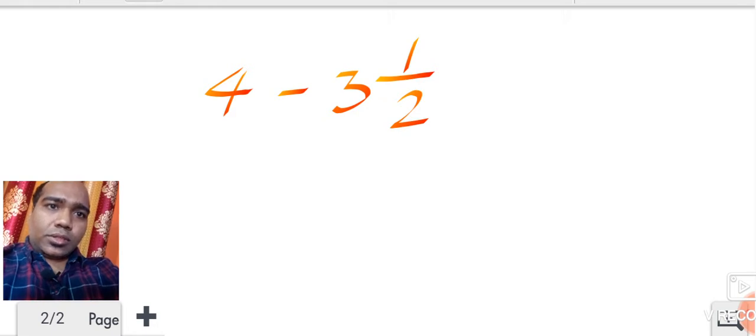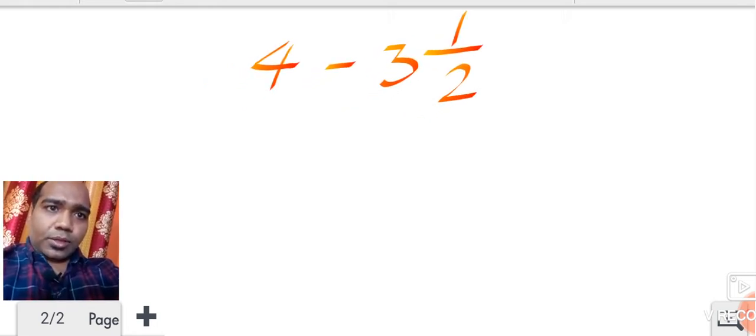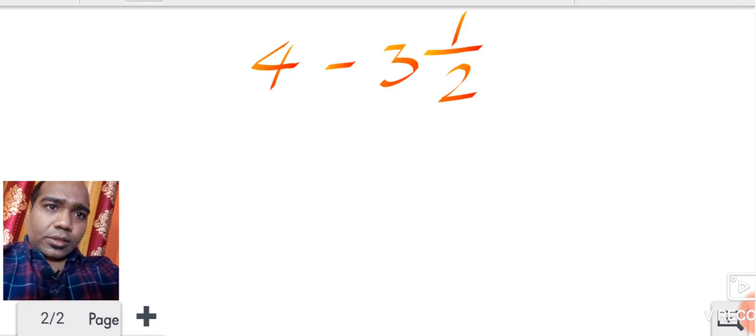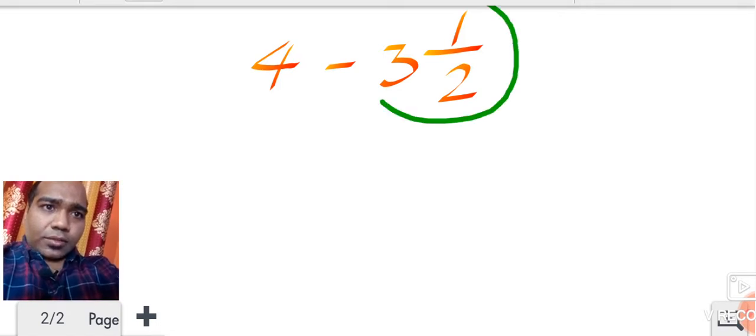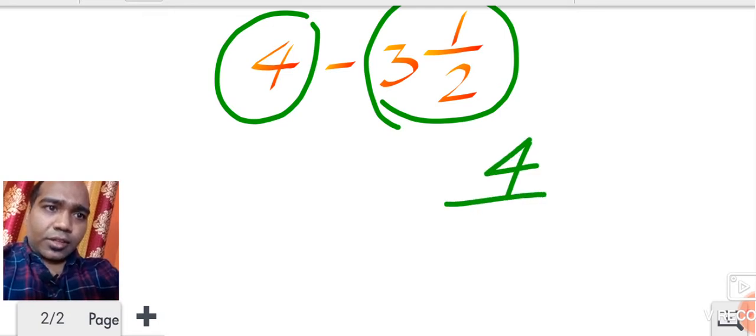Okay, this is our question. This part we have to solve. So what will we do? We can see here that the second one is a mixed fraction and the first one is not a fraction. So any number we can write as a fraction. If 4 is there, then as a fraction we can write it as 4 by 1.